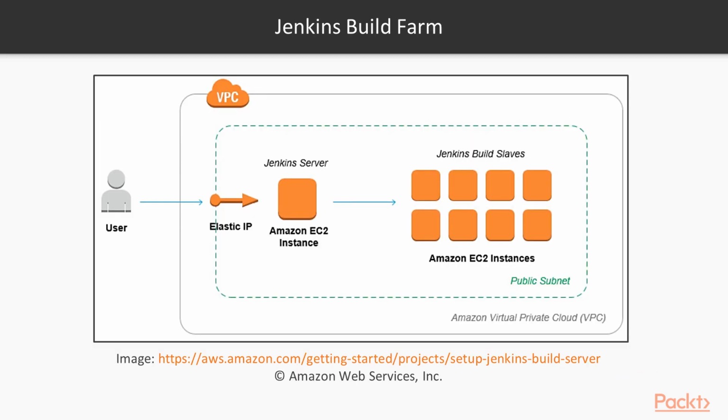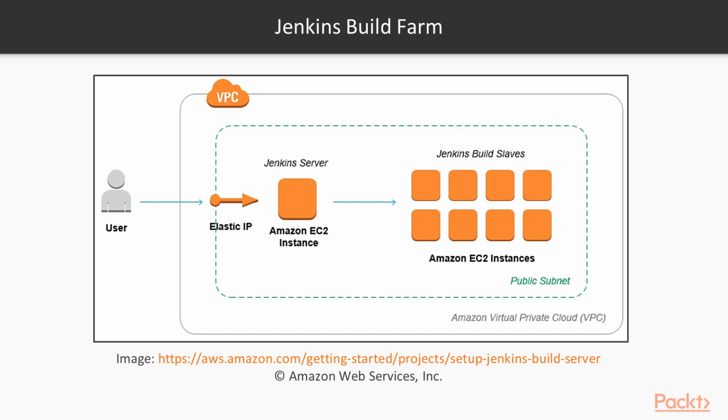This diagram shows what we are going to build in the practical part of this section. We will deploy Jenkins in a master-slave architecture on AWS. This is a professional and secure setup that you could use at work for your team and is accessible from a stable IP address. We will mainly follow the official documentation in this link to deploy Jenkins on AWS.